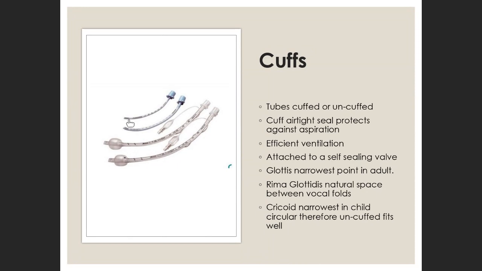It means that it acts as a guide, and therefore the vocal cords should not be higher than that, or else too much of the tube will be in, and it's likely to go either down to the carina or worse yet into the right or the left bronchus.